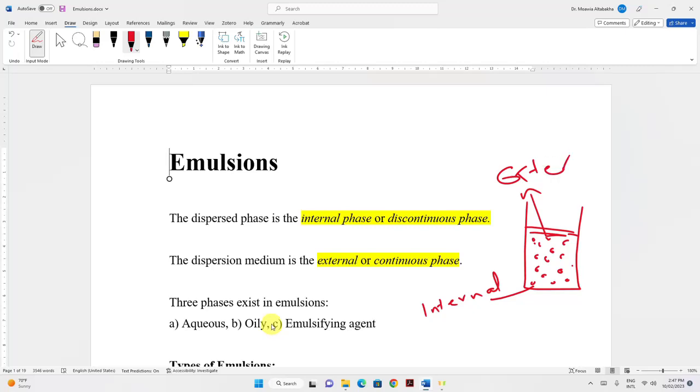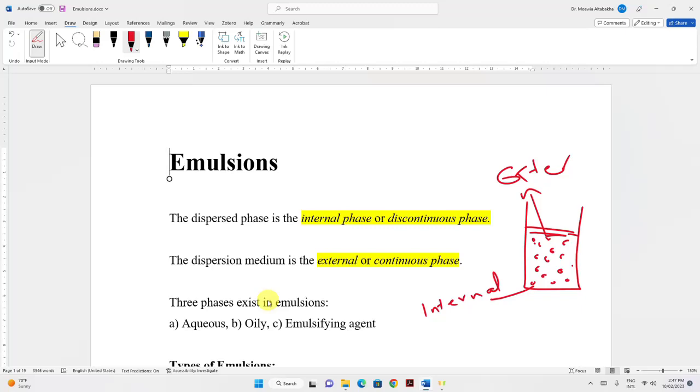Now in emulsion there are three important constituents, or the composition of emulsion consists of three main elements.